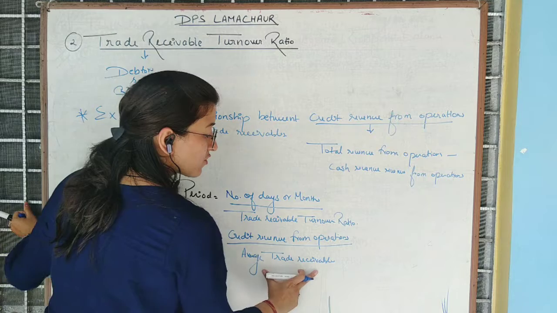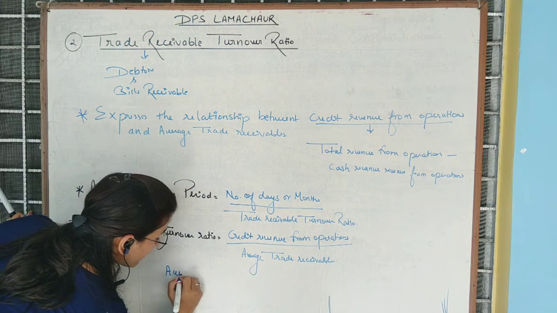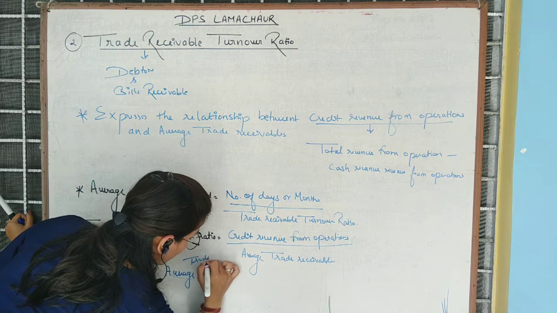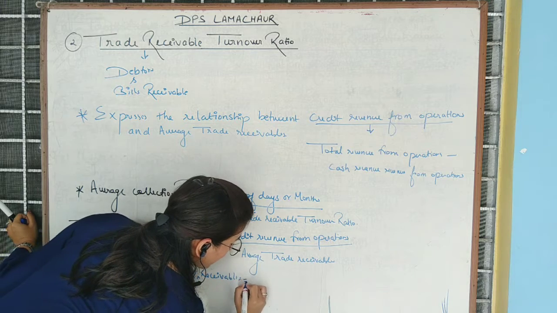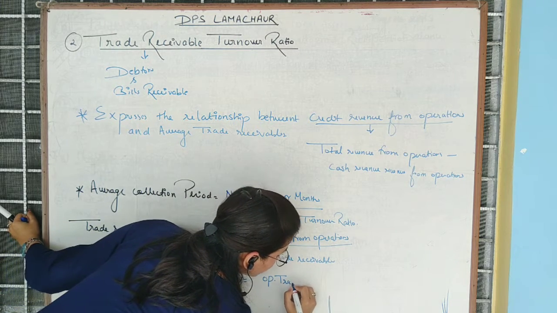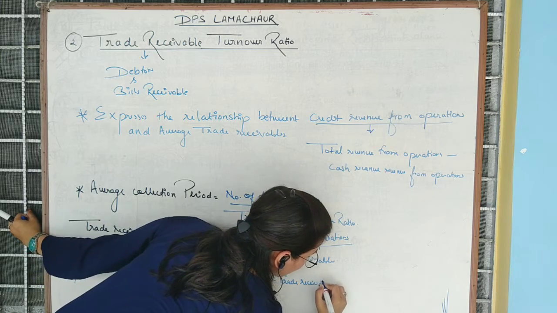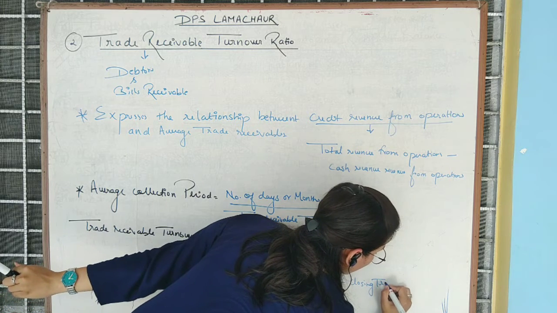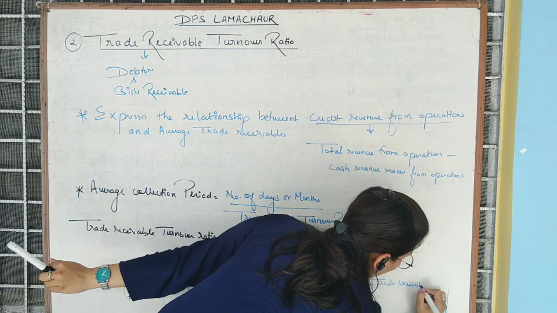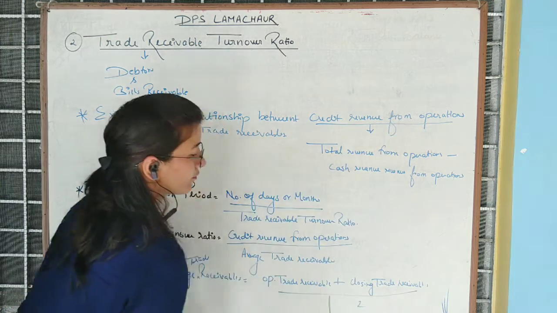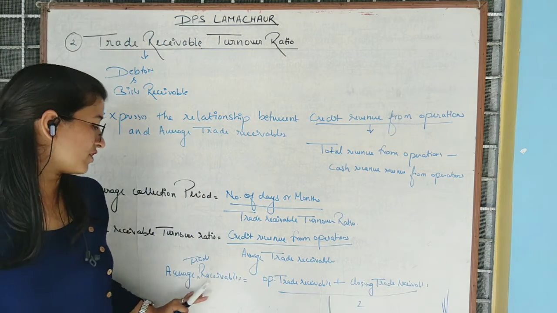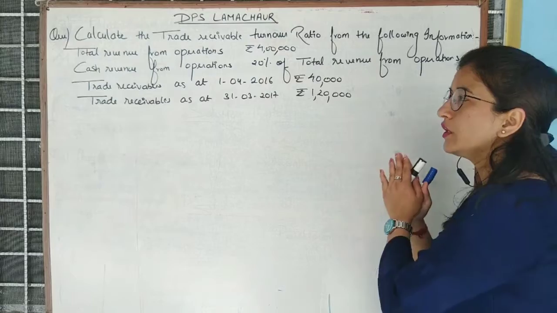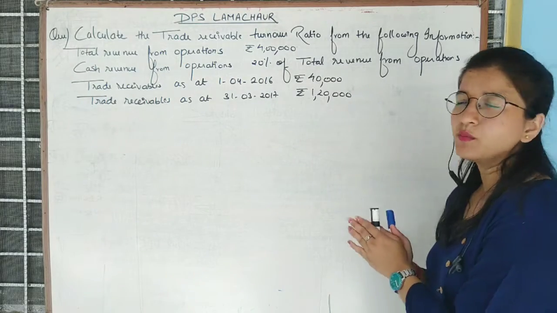To calculate average trade receivables, it will be calculated as opening trade receivable plus closing trade receivables divided by 2. So this is the formula for calculating average trade receivable: opening trade receivable plus closing trade receivable divided by 2.